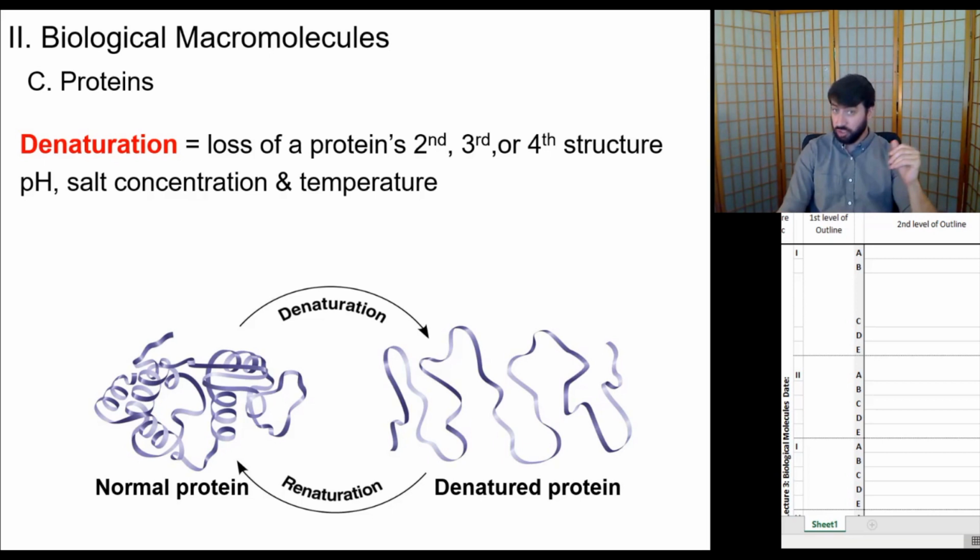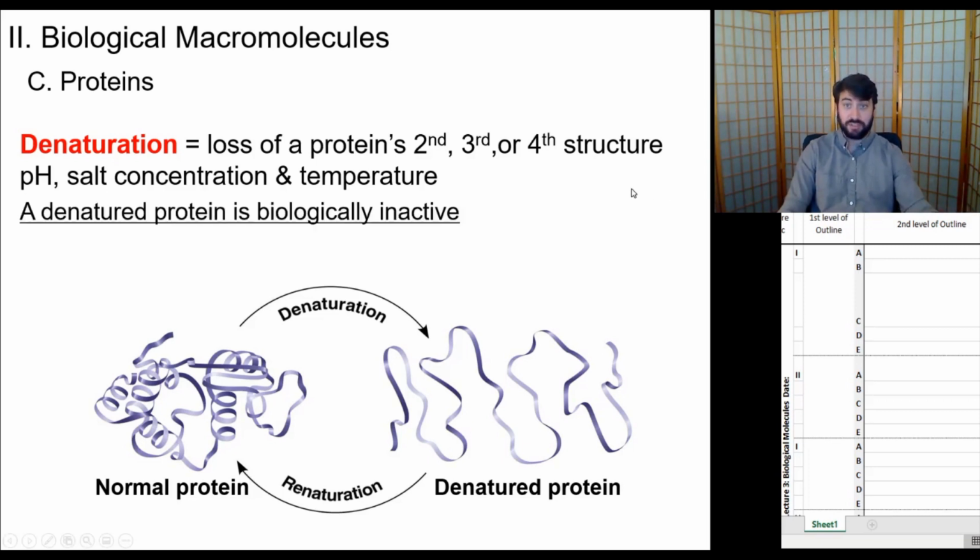Well, you're fundamentally changing its structure, right? It's losing its structure. So that probably means it stops functioning in the same way. It stops being active. It becomes biologically inert, in other words. You can actually have processes that redo those tertiary and quaternary structures, particularly, but it doesn't necessarily always happen. So yeah, that's what protein denaturation is.